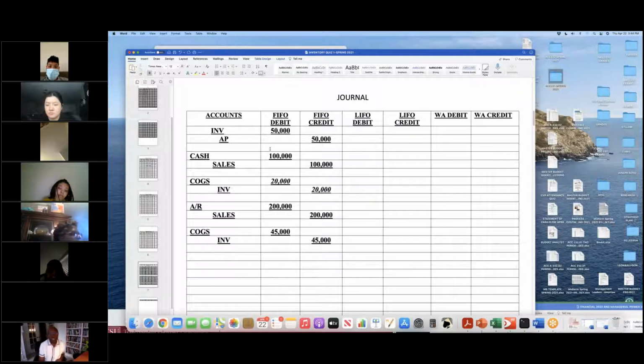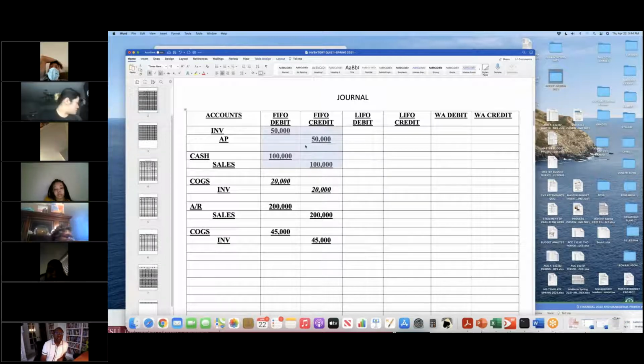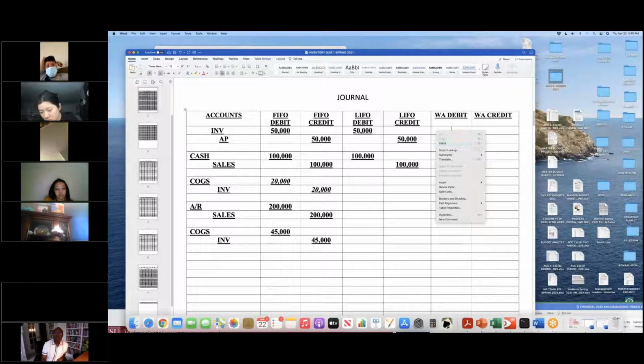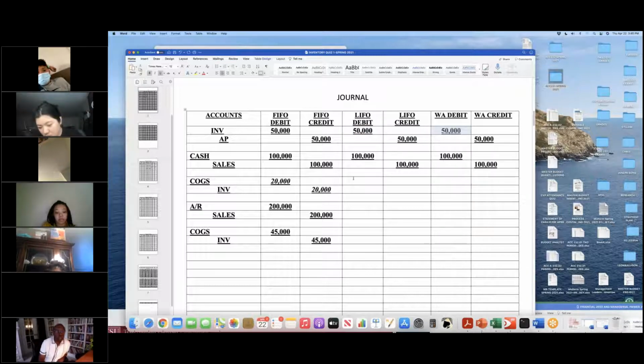So if we were doing LIFO and weighted average, we could copy these numbers. So if you've done these journal entries, you got the answer.